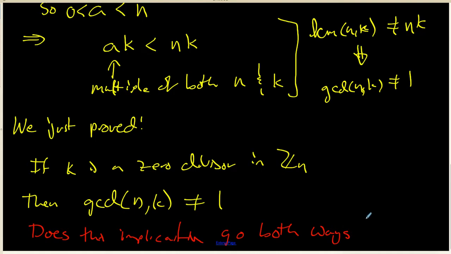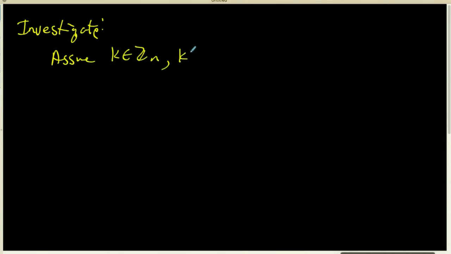In other words, one thing that mathematicians always do is once we prove an if-then statement, we start saying, well, is the converse of the statement true? So let's investigate the converse. We want to investigate what happens when we assume that k is an element in Zn, k is not equal to the zero element, and the GCD of n and k is not equal to 1.